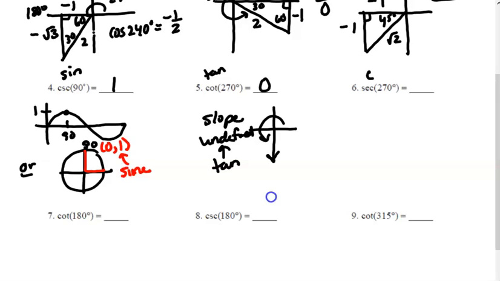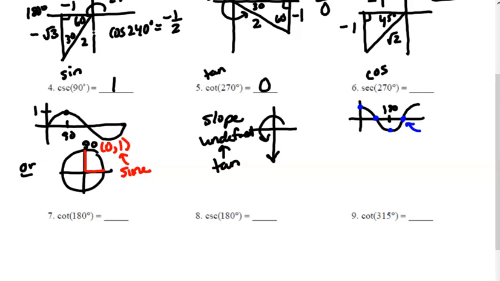Okay, secant, reciprocal of cosine. Look at 270. So 270, two strategies. Cosine graph. So here's my cosine graph. Remember, right in the middle is 180. So 180 is -1. So here would be 0 degrees, 1; 90 degrees, 0; 180, -1; 270, cosine is equal to 0.